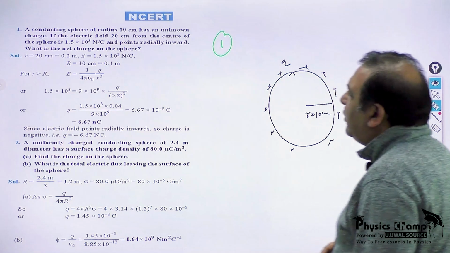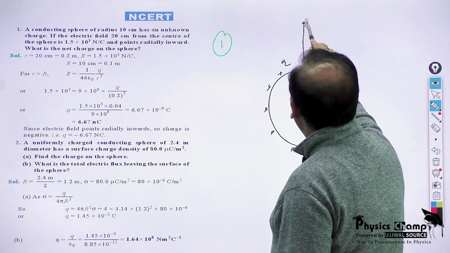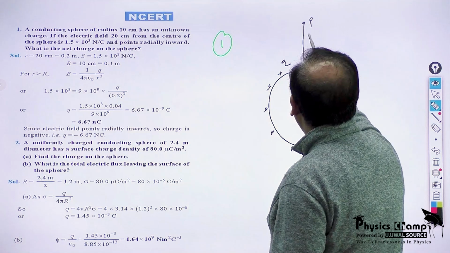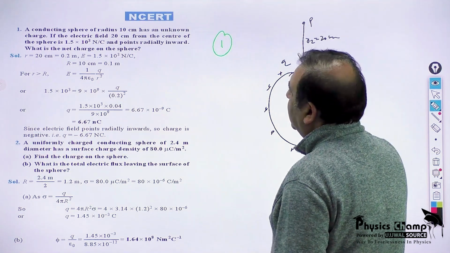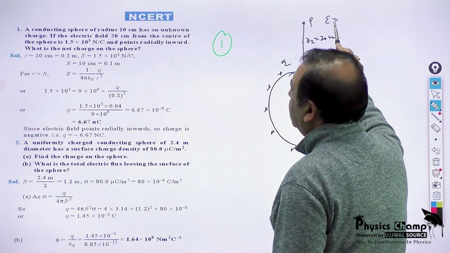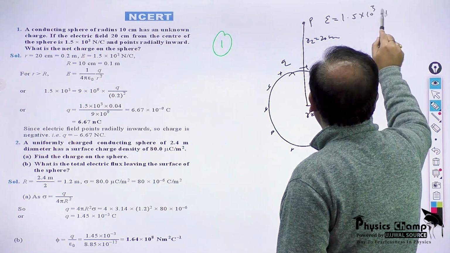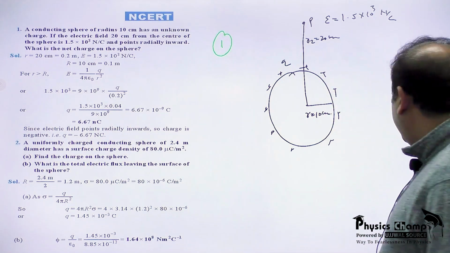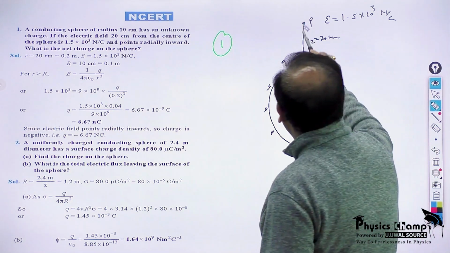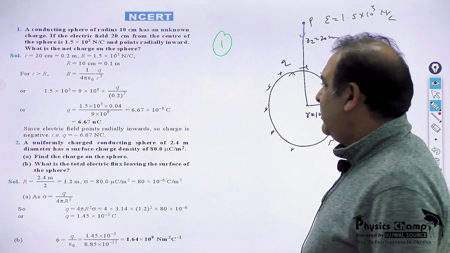If electric field at a distance 20 centimeter from the center of the sphere has a value 1.5 into 10 to the power 3 Newton per Coulomb, and the electric field is pointed radially inward, what is the charge on the sphere?